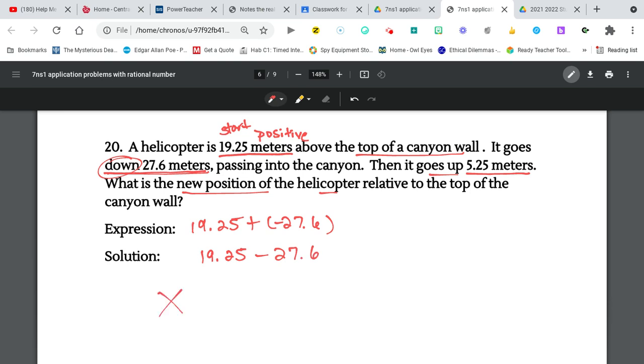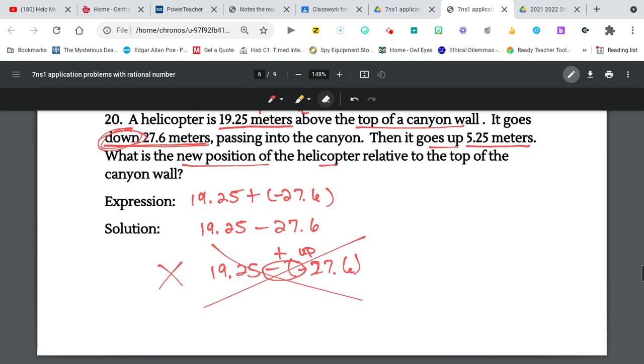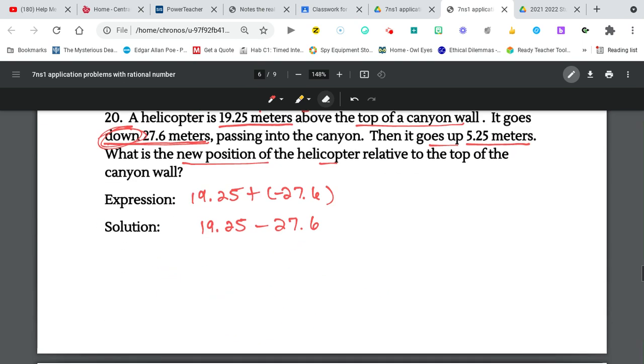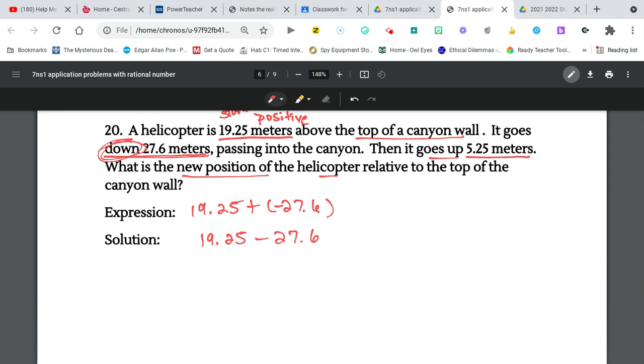But do not, and I repeat, do not do this, because this is the same as a plus, and it does not indicate that it goes down. A plus indicates that it goes up, so never do that, okay? Make sure your expression matches the scenario that was given in the word problem.